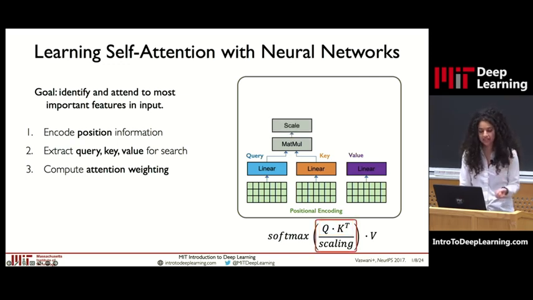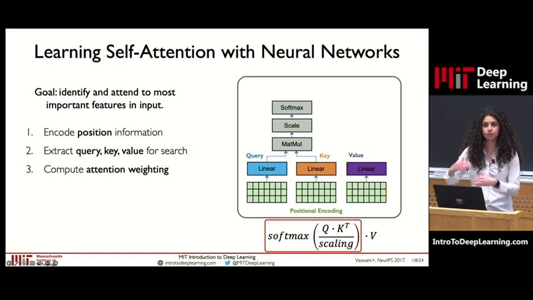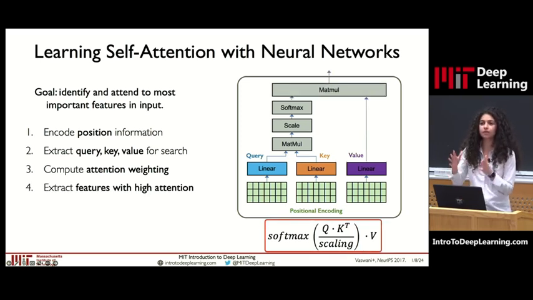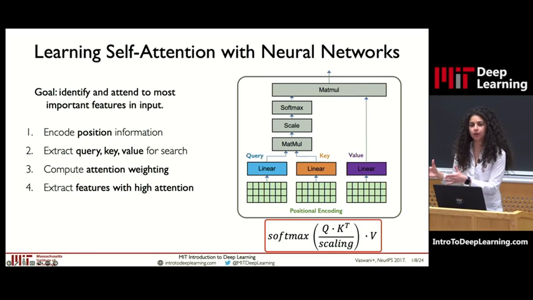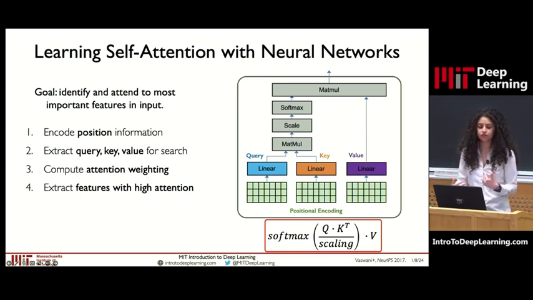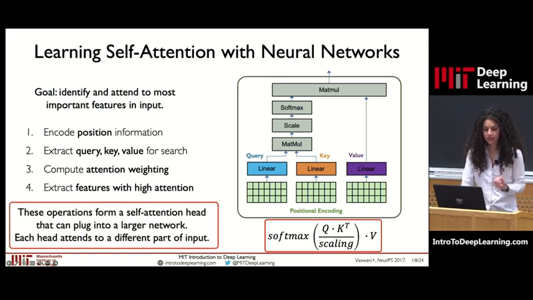We scale it and apply a softmax to put it between 0 and 1, constituting our attention weights. And finally, we take that entity, multiply with the value, and use this to actually extract features back relative to the input itself that have these high attention scores.